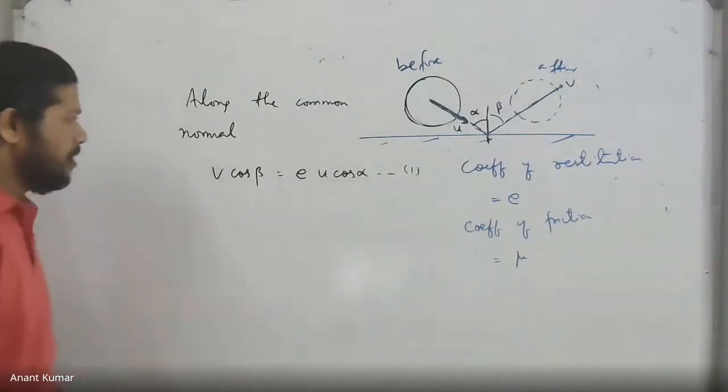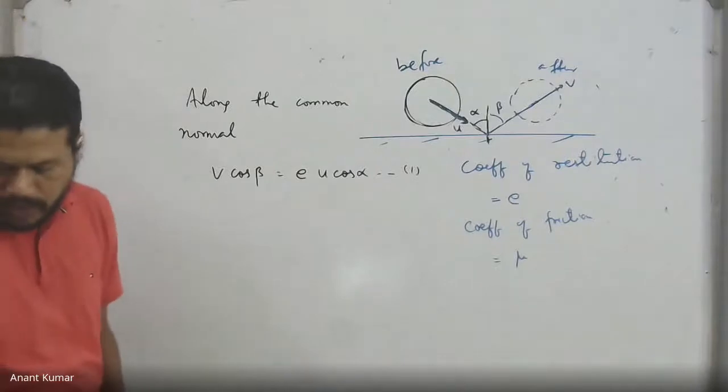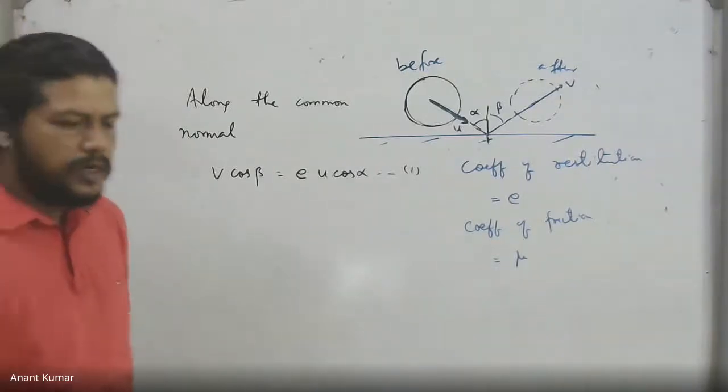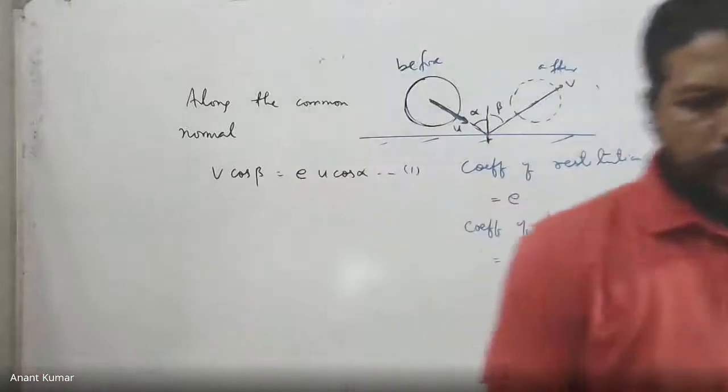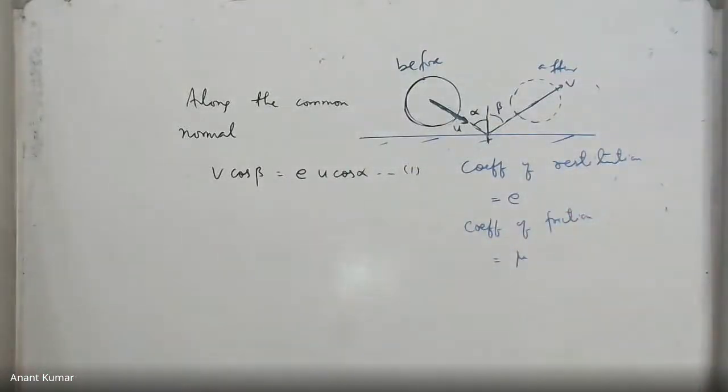That's the first equation. Remember, if you look at the unknowns over here, there are actually two. One is the speed v, and the other one is the angle beta. We'll have to find both of them. At least we require two equations.